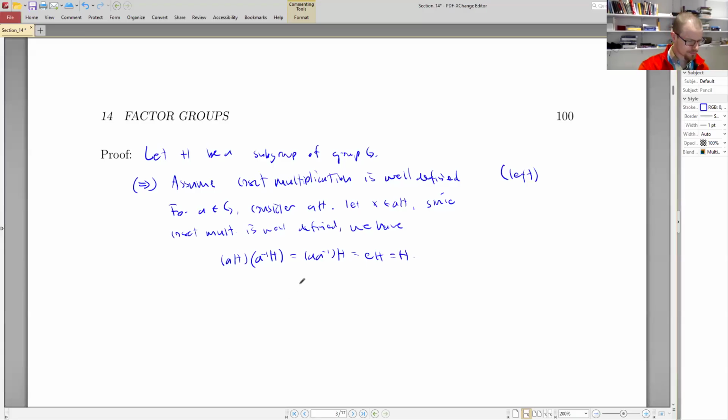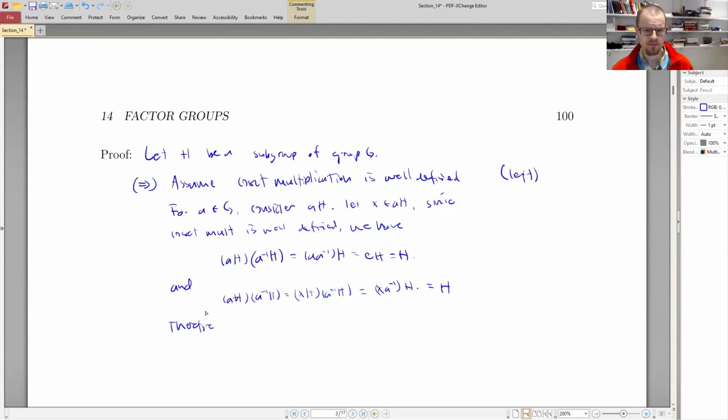And that's fine. But we have this, and we also have AH times A inverse H. If it's well defined, then I can choose any representative, and I can write this as XH times A inverse H, which is, of course, X times A inverse H. So if it's well defined, I can use either representative, and I get the same thing.